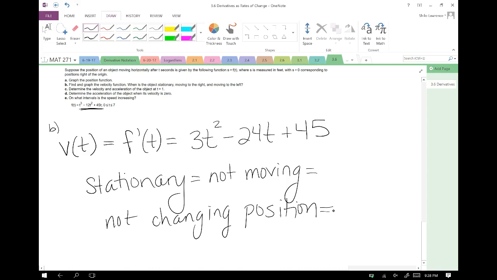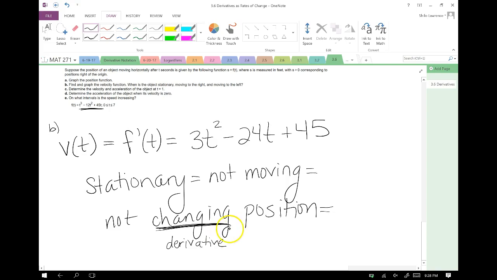If we're not moving and we're not changing position, well, what is measuring our change in position? Remember, change is derivative. So if we have no change in position, then we have no derivative of position.